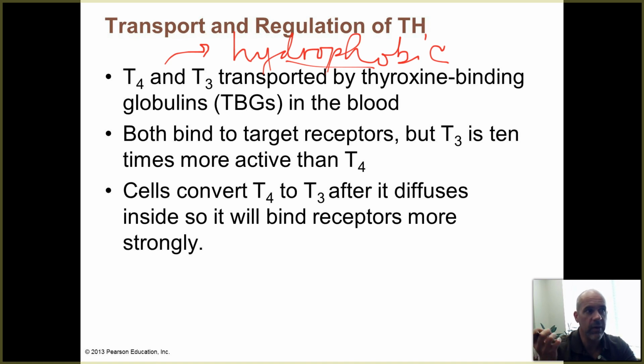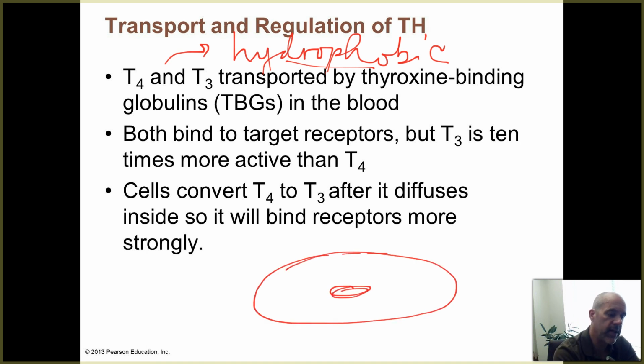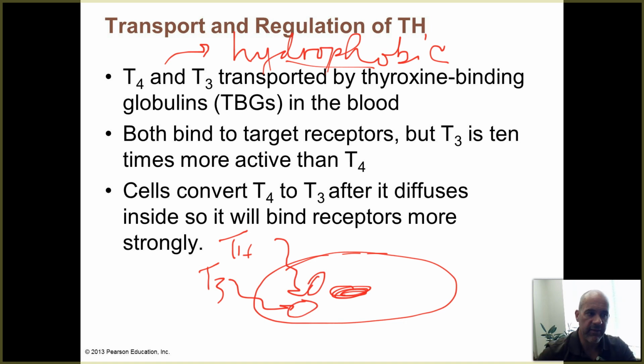So there are certain proteins that transport T4 and T3 around in your bloodstream, and that's how they get delivered to the various cells in the body. All right, so T4 and T3 also, if you remember, hydrophobic type hormones can diffuse into your cells. They go inside your cells, and their receptors are actually inside the cells.